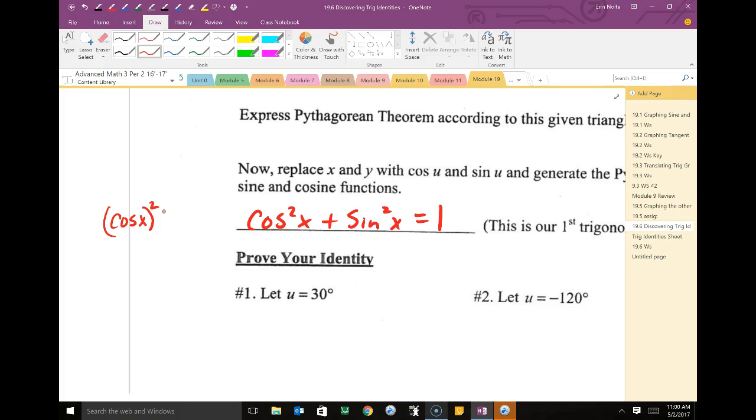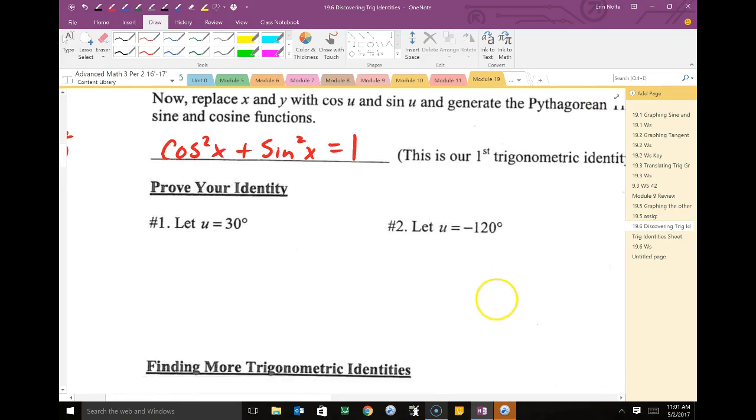The calculator, if you're using it, you have to type it in as the cosine of x in parentheses and then square it. It recognizes this notation, but this is the correct notation that you're supposed to write on paper. Why they throw the squared up here after the cosine, I've got no idea. The math god made a decision one day, and that's what he decided. So we have to play it that way.